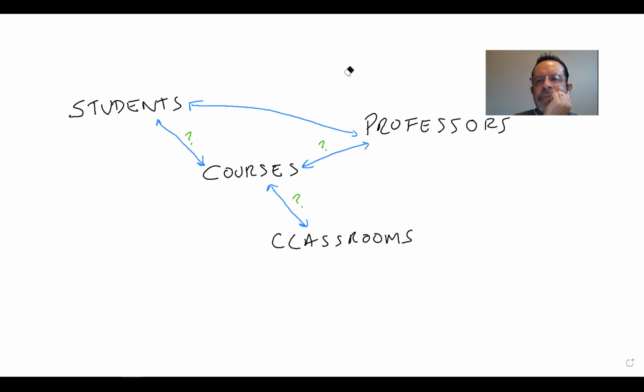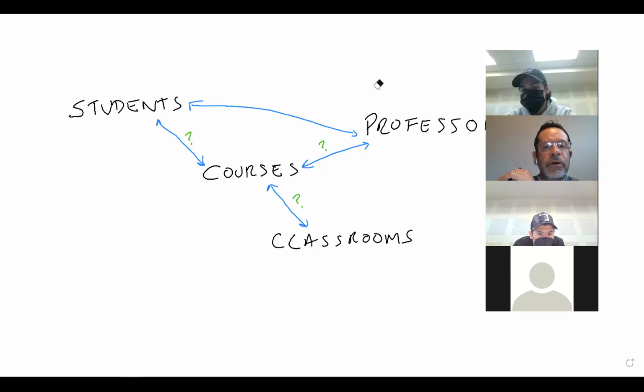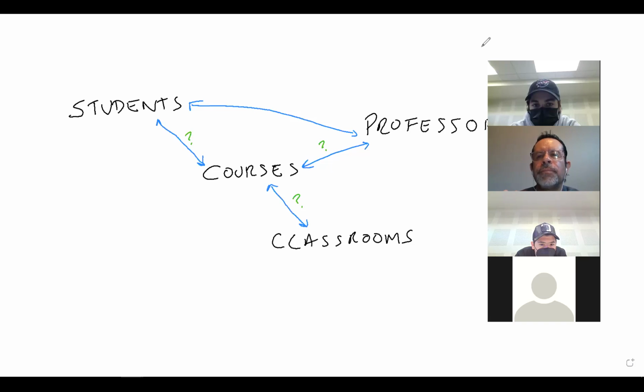Let's see, any volunteers? Can somebody give me one word that I can write down here between students and professors? Arturo, go ahead. One word that can relate to both, could it be school? You said school, Arturo? Okay, let's do this exercise.